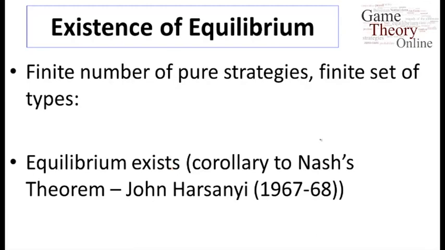It was proven by John Harsanyi in a set of papers in 1967 and early 1968, where he outlined Bayesian equilibrium in the set of definitions we're working with here. The fixed point arguments for getting existence of equilibrium are effectively the same as what Nash outlined. It's just a slightly more complicated setting, but you can even move this into Nash's original setting by a clever reformulation of the game in terms of the normal form.